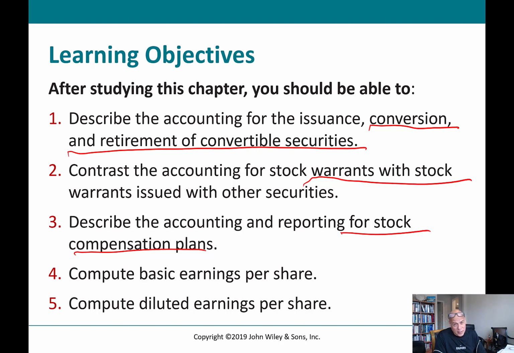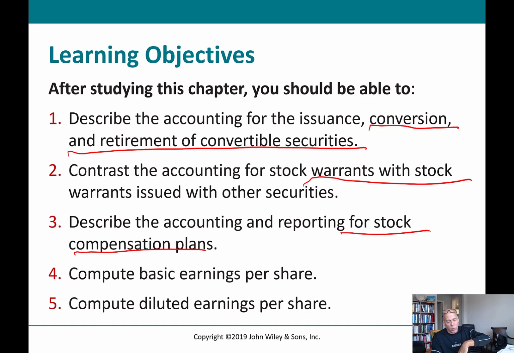A lot of times as these companies are coming up, especially technology companies, rather than pay a high cash salary to their employees, they offer stock options, and those stock options have value upon the award.